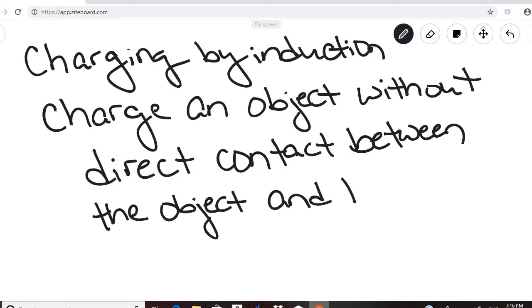So again, we'll demonstrate this when we get together for labs, but when you charge by induction, the main way that it happens is you can bring an opposite charge close to it, and that causes the charges that are in the object to move away.